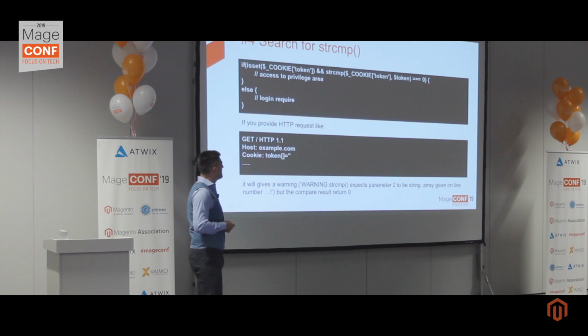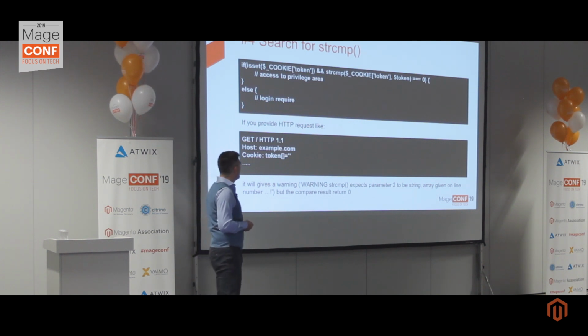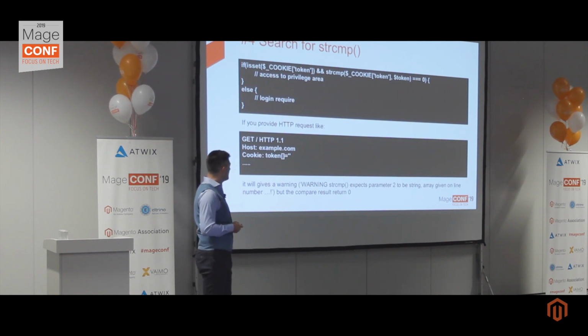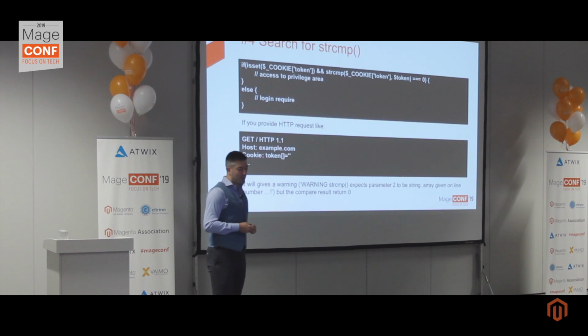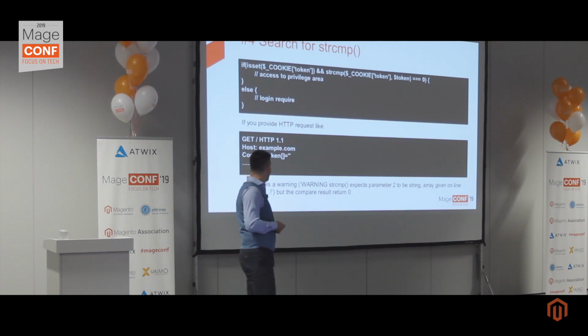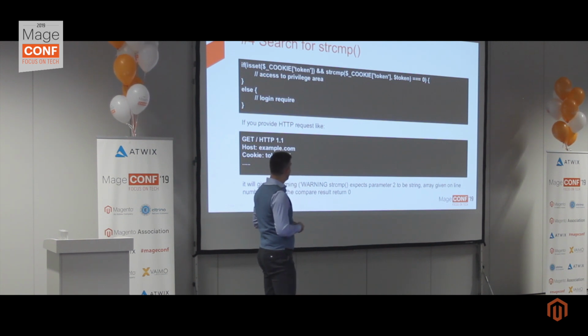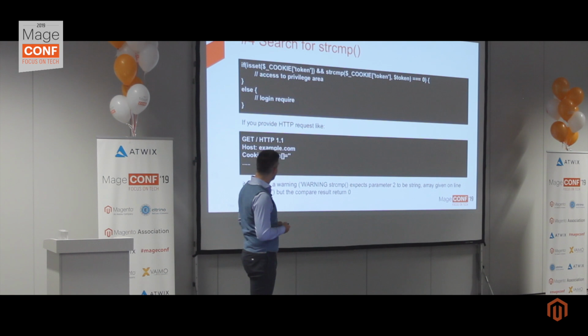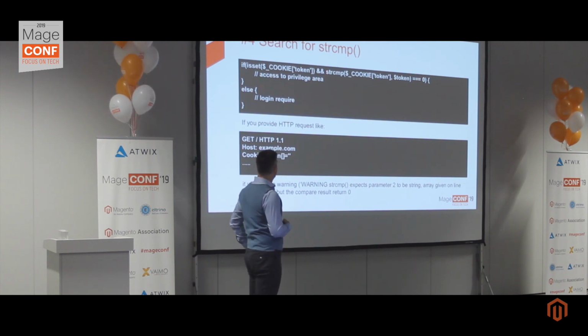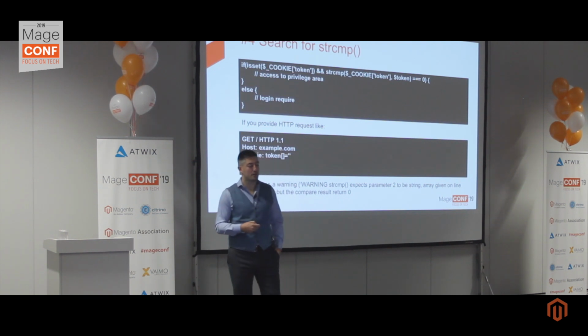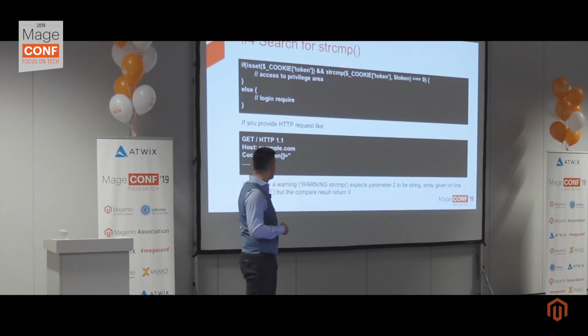This one was pretty common, but it's pretty rare nowadays. I think no one is using strcmp anymore. Probably everyone is afraid of it, and I really haven't seen it recently. But what would be a proof of concept? This is a typical use case for strcmp, where we check if the provided token is equal to the one we expect.